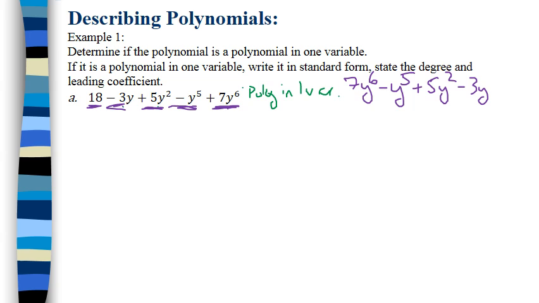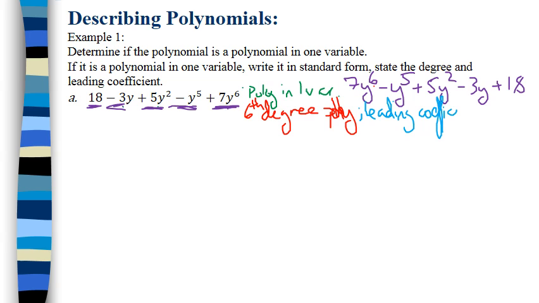And then 18 is positive, so plus 18. So this is a 6th degree polynomial, which means it is an even degree polynomial. And its leading coefficient is 7 because that's the coefficient on the leading term.